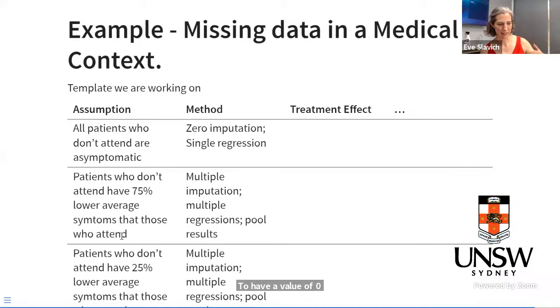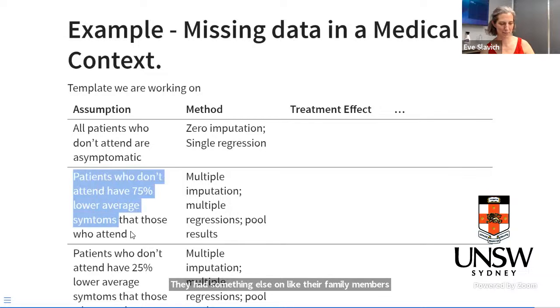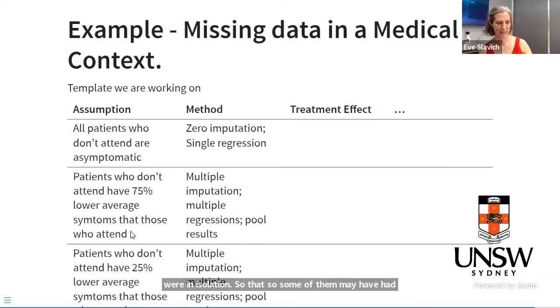But then we'll say, well, what if some of them had symptoms and they just didn't come back because they didn't want to get COVID, or they had something else on, like their family members were in isolation. So some of them may have had symptoms and wanted to come in for their appointment but didn't. Maybe there are people who just live with their symptoms and don't seek medical attention as well. So we'll test the sensitivity of our analysis to those different assumptions.